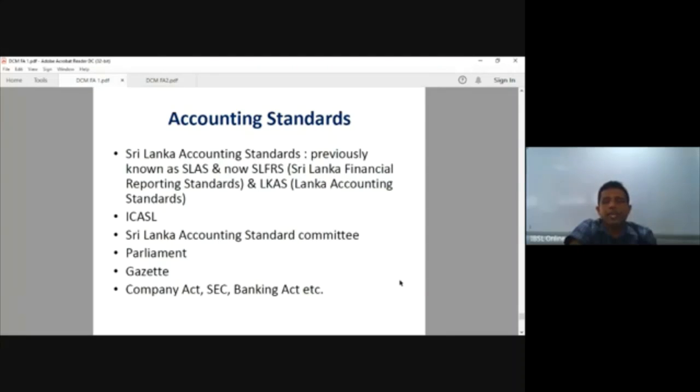They have put a committee called the Accounting Standards Committee, and they will produce new accounting standards, abolish old ones, and make amendments to existing ones, right? That committee, the Sri Lanka Accounting Standards Committee, has the sole power to determine the accounting standards of Sri Lanka. After they develop the accounting standard, they will put it to the Council of the Institute of Chartered Accountants of Sri Lanka.